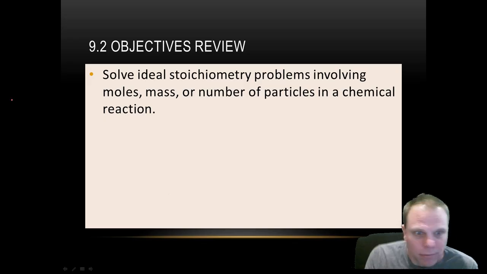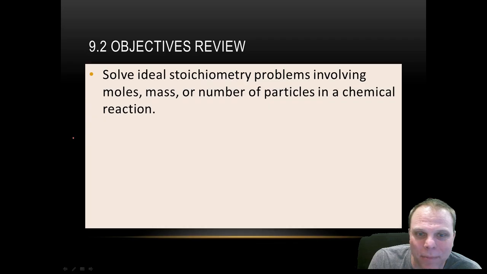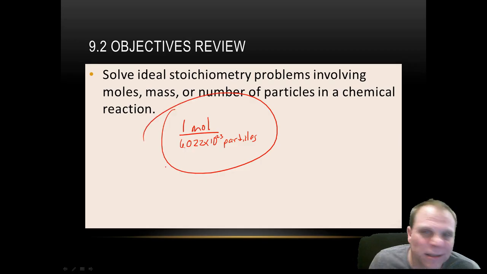If I were at moles, then I could do a mole conversion to my number of particles. For every 1 mole, you have 6.022 times 10 to the 23rd particles.